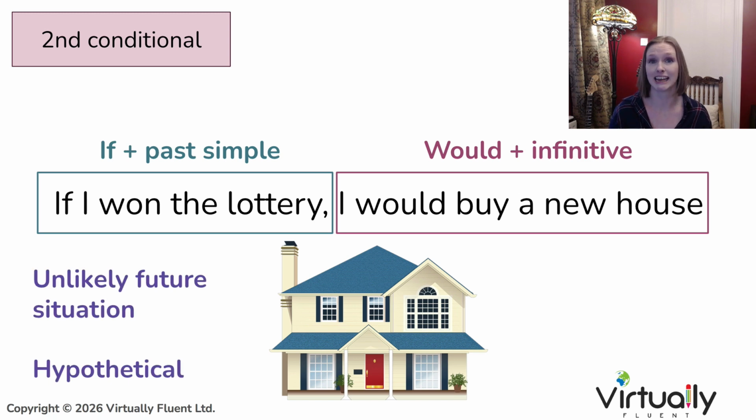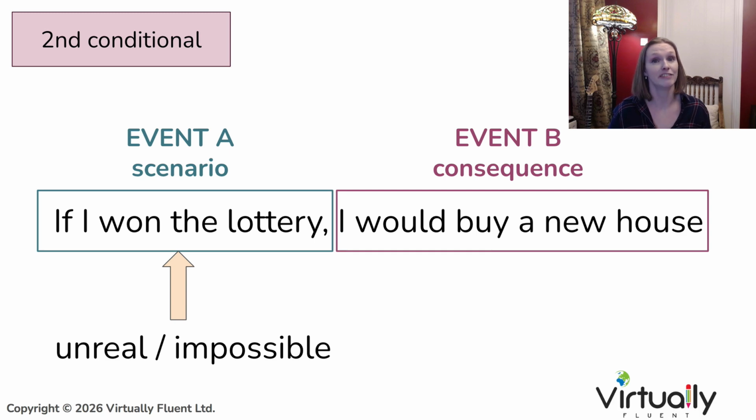Typically, we teach that second conditional is used for unlikely future situations or hypothetical situations. For example, if I won the lottery, I would buy a house. In this particular example, event A, our scenario, is winning the lottery. And it's really important that in the second conditional, this particular scenario is highly unlikely or potentially even impossible.